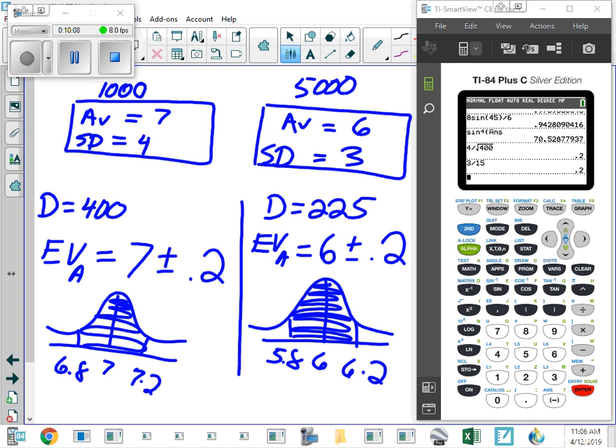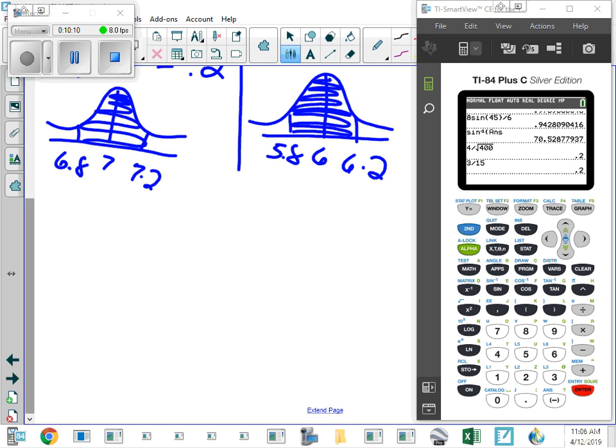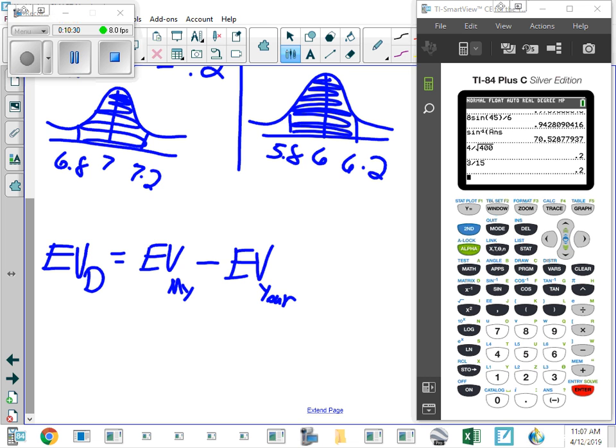Well, the first part is easy. Expected value for the difference. That's just going to be the expected value from my box minus the expected value from your box, which is 7 minus 6, which is 1.